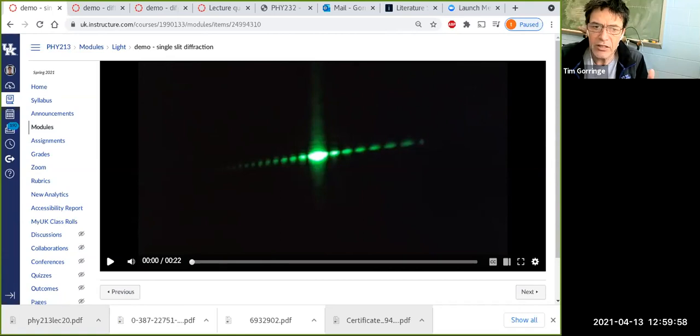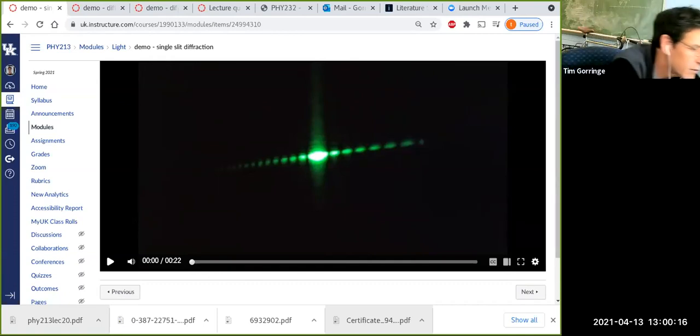And when you decrease the size of the slit, you're going to change the diffraction pattern according to those two formulas. And actually what happens is, as you decrease the size of the slit, the separation between the bright fringes increases. The angles of the bright fringes increase. And so we're going to see that.